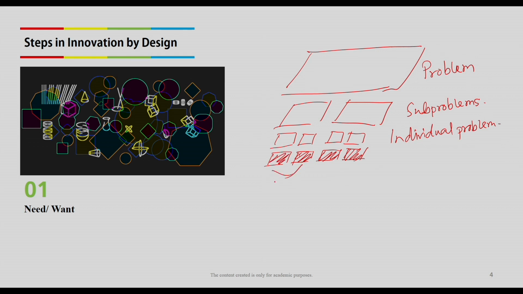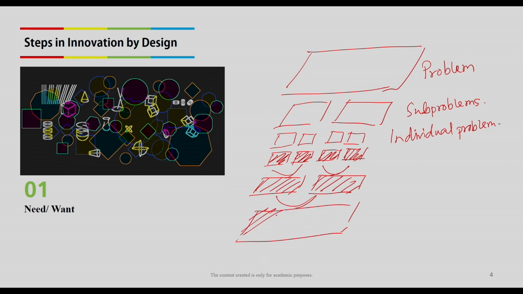Then we will club individual solutions to get sub solutions, and we will club sub solutions to get the final solution. So, that is how it is very easy if you break down a bigger problem into smaller problems.